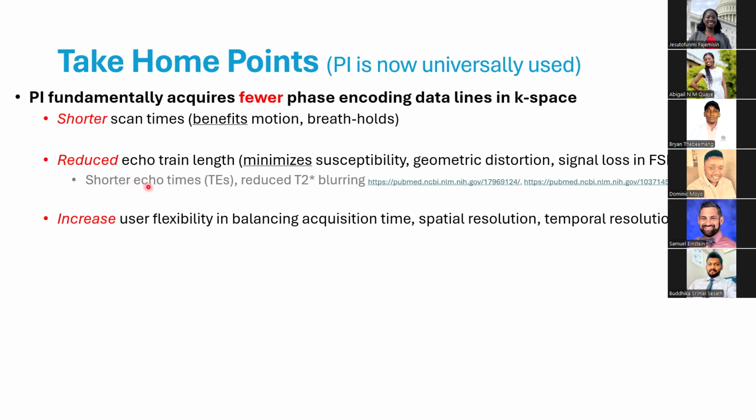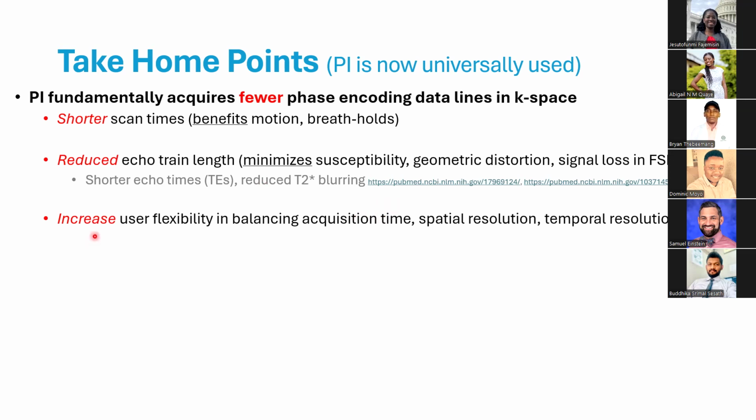This all boils down to acquiring less data: we can achieve a shorter scan time and a shorter echo time, and we can also have reduced T2-star blurring across the echo train. I put some references here in case you want to look up more examples. I'll show some examples, but I don't have time to show everything.